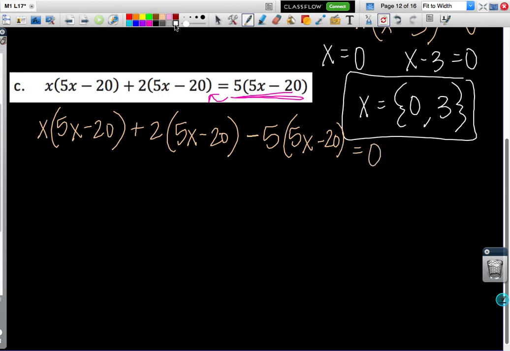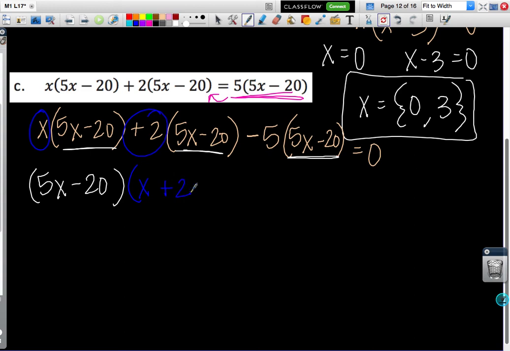Ask yourself, what's common? You got 5x - 20 all the way across, so bring that factor down. And then look what's left. You've got x + 2 - 5 left, equals 0.